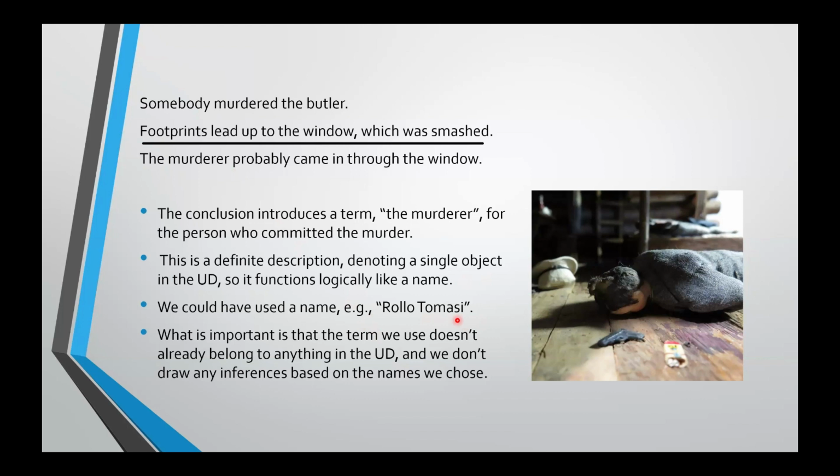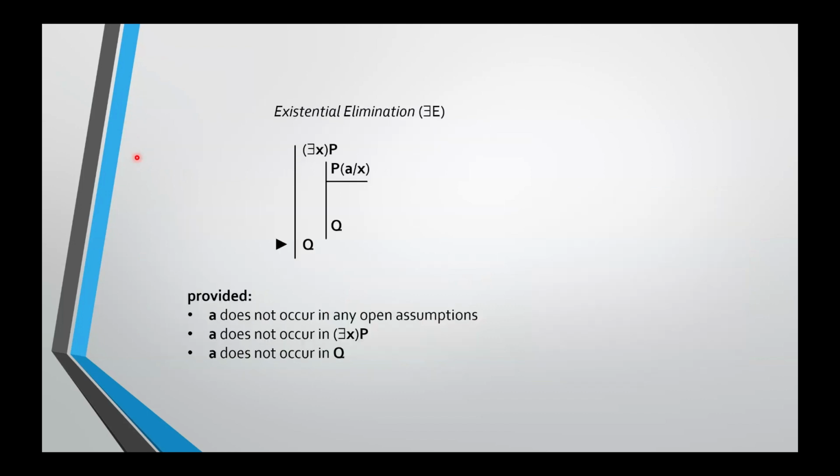So this move here, the one that we're not normally aware of making, is the basis for the existential elimination rule in PD. The rule looks like this. You start off with an existentially quantified sentence. Then you can start a new subderivation.